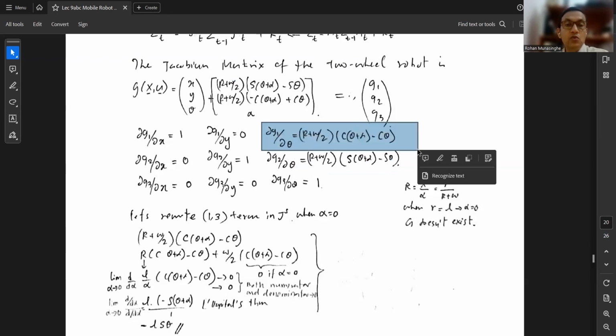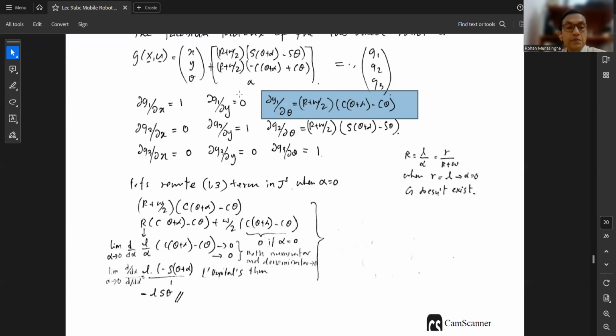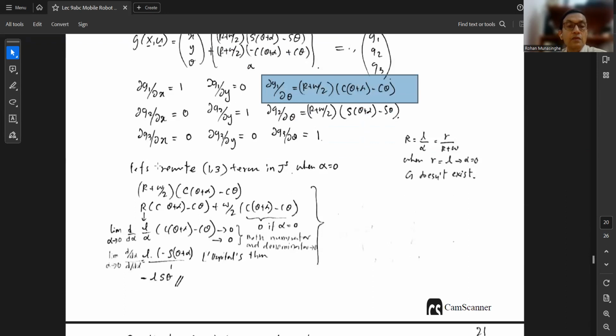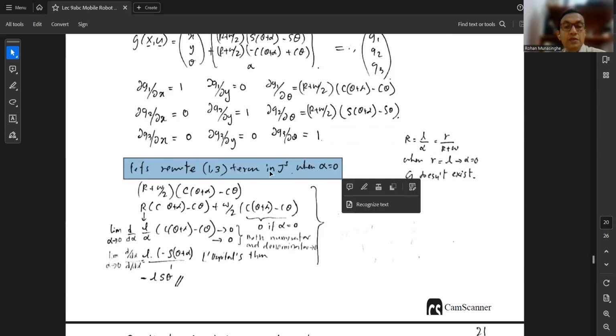Partial of G1, this one, with respect to theta. So you want to differentiate this with respect to theta, and this one is of course 0 with respect to theta. So let's rewrite the 1,3 term in Js with alpha equals 0.